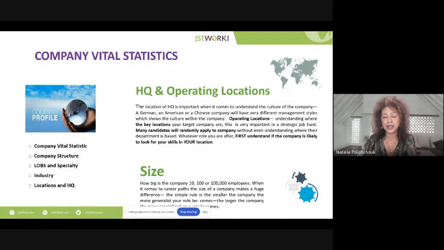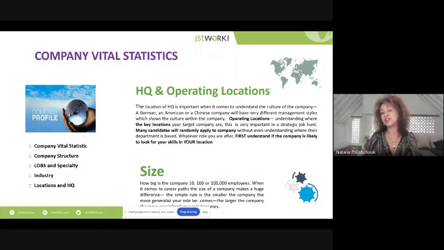When looking at companies, of course, when we are looking at company vital statistics, we want to know the company structure, what industry, but really, where's their HQ? If their HQ is in Germany, that company's culture will have some German elements. If that company is Chinese, its culture will have some of the Chinese culture within it.